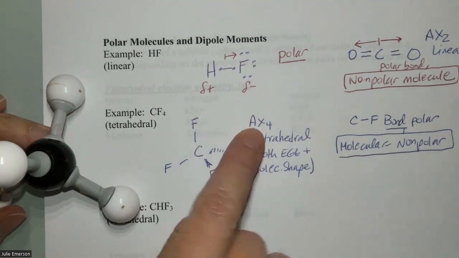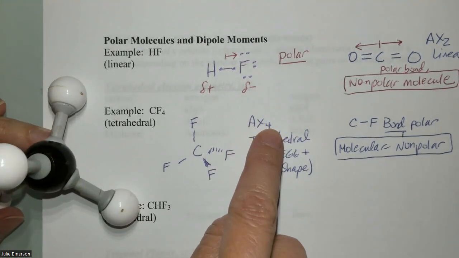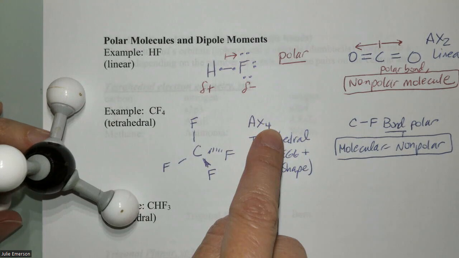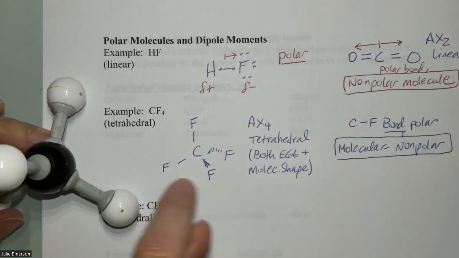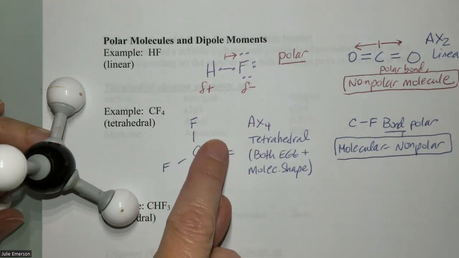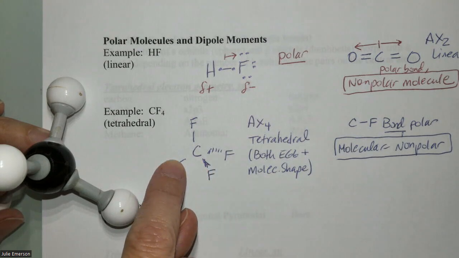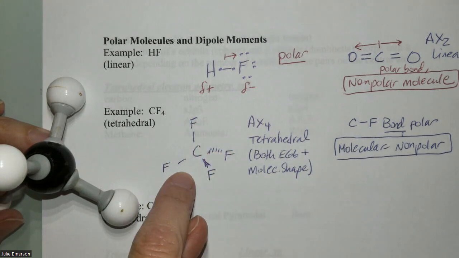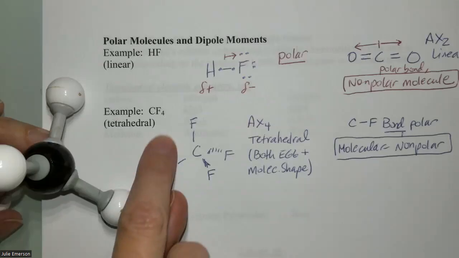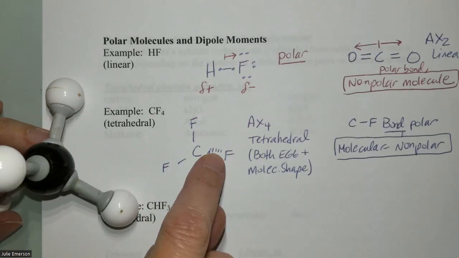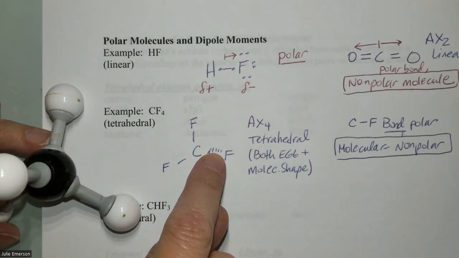So the idea is that if you have an AX3, AX4, AX5, that molecule is set up so that all those bond angles are the same, because we're trying to get to symmetry. We're trying to maximize all of those distances between the bonding pairs of electrons.